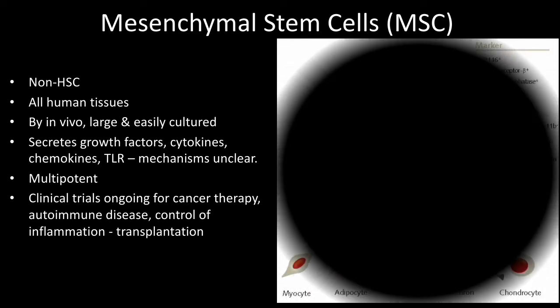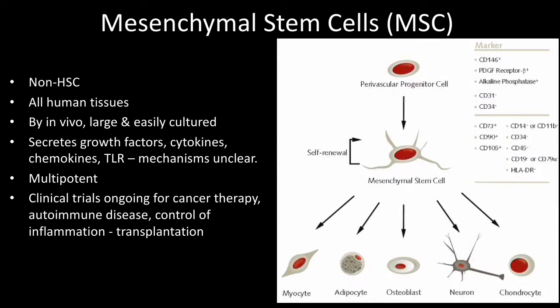They are multipotent and can differentiate into monocytes, adipocytes, that is the fat storage cells, connective tissue, oligodendrocytes, other neurons, and chondrocytes. Due to these functions, mesenchymal stem cells have been used for treating a large number of diseases. Some of the ongoing clinical treatments are cancer therapy, autoimmune diseases, inflammation, transplantation, etc.